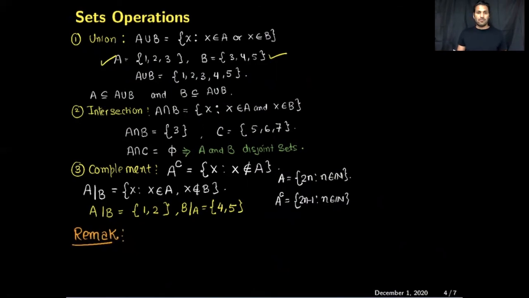So now I have one more remark. You can define these operations not just for two sets, but for more than one set. For example, if we have sets A1, A2 up to capital N sets, then the union of these N sets can be defined with this symbol, the union over n varying from 1 to N of A n.